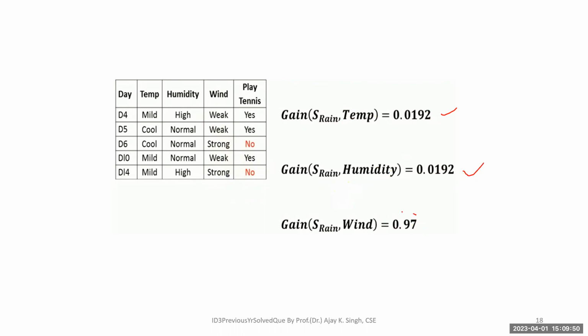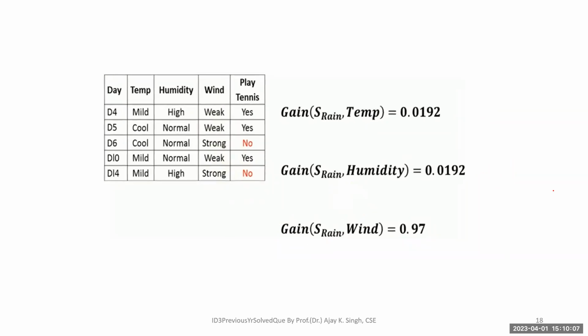Oh, sorry. This is the biggest one. So obviously, in that case, I'm going to go for wind. So these two are going to be discarded because the gain is less as compared to this one. So rain will be the next attribute that is going to be attached to this wind. So let's see.